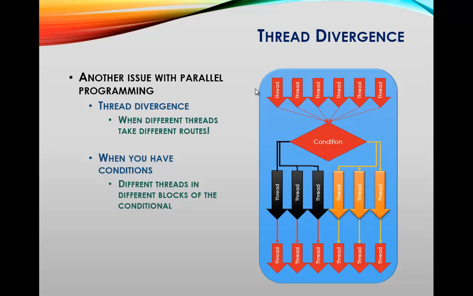And when that happens, it causes your threads to take different routes of operation, and the byproduct is that they diverge in performing certain operations. So they would take different times to compute.